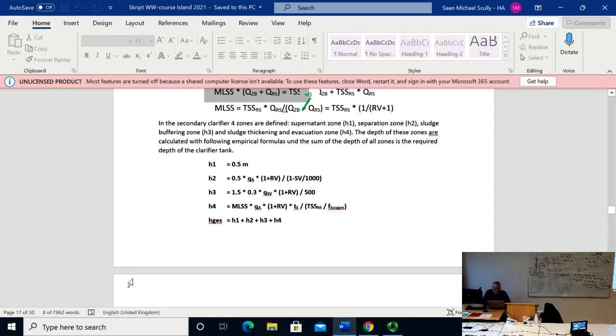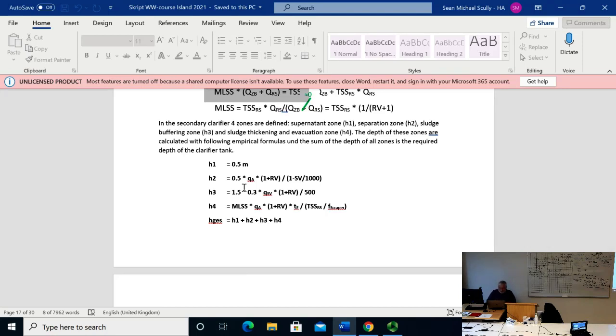If I do that here quickly, it's 0.5 meters. H2 is equal to 0.5. Oh, yes. Well, I need to, QA is, the QA, which is in this formula here, is the surface loading, and that is our 9.1 cubic meter per day.